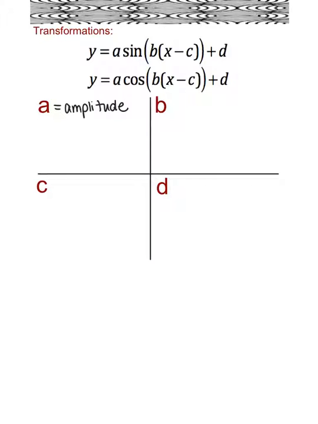Now B changed the period. So we saw with bigger B values that I had more waves, so more showed up. And with a smaller B value, it got really, really long and it stretched it out. So the B changes the period.